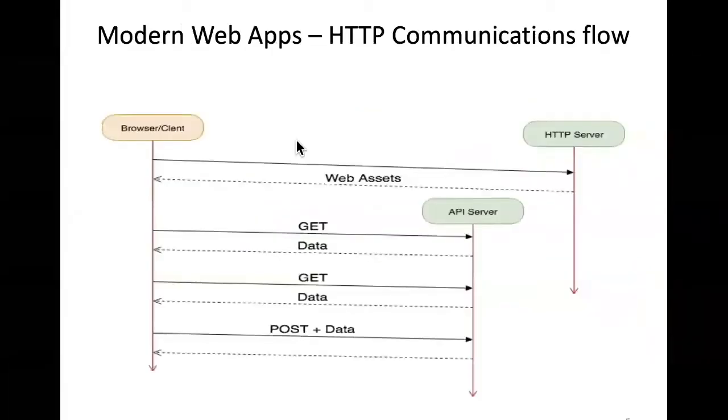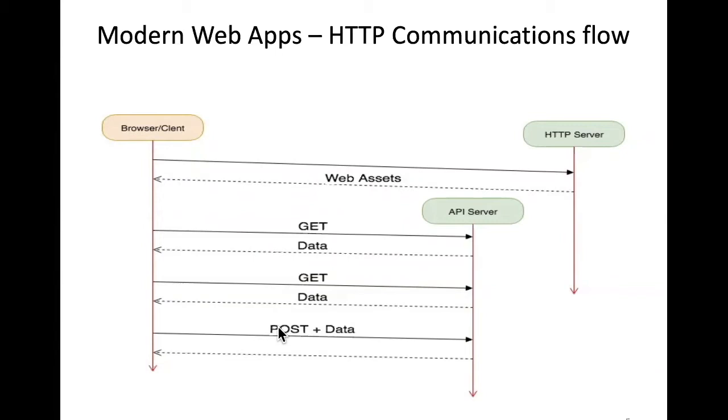This is just a representation of the communication flow that I was talking my way through there. On the left, we have the browser, which talks to the web server on the extreme right, just to get the initial assets. From there on, the web browser is interacting with the web API, either sending GET requests for data, or possibly a POST request.